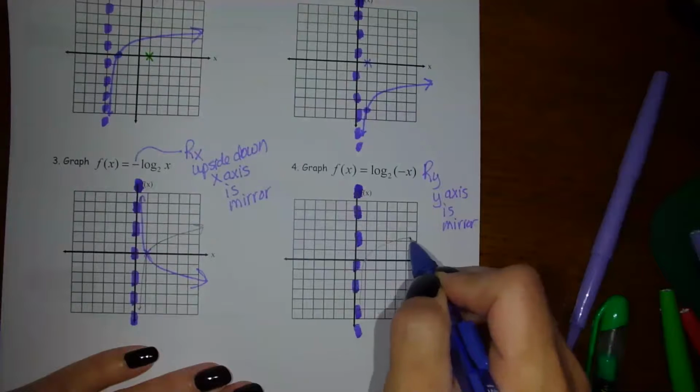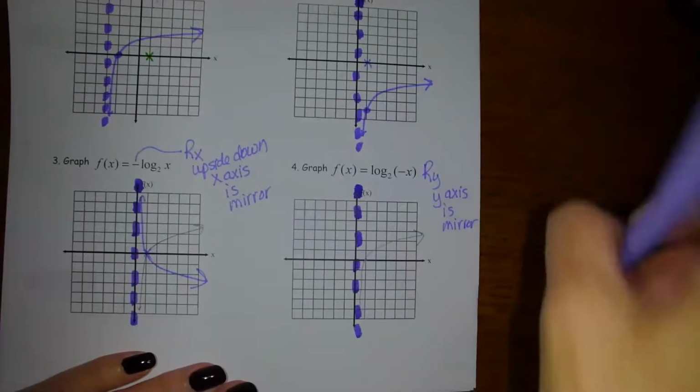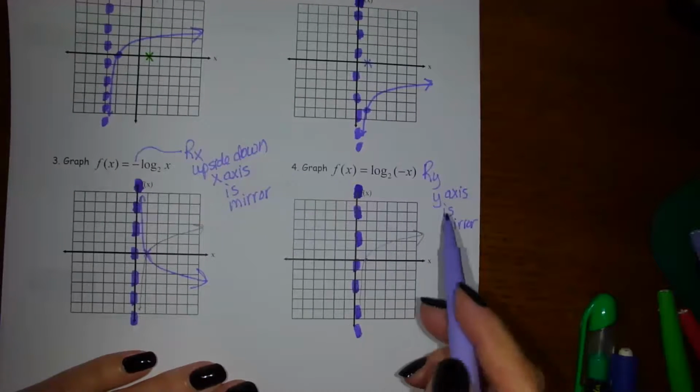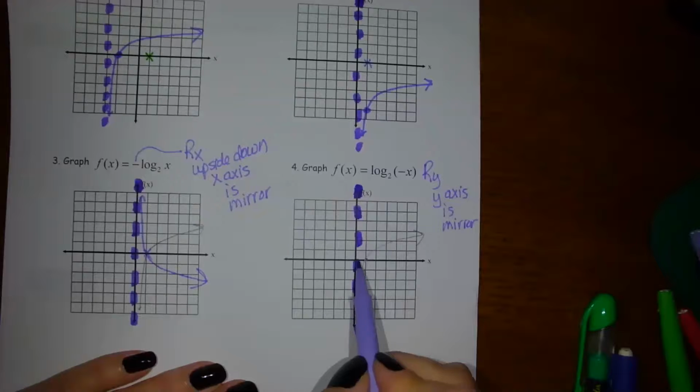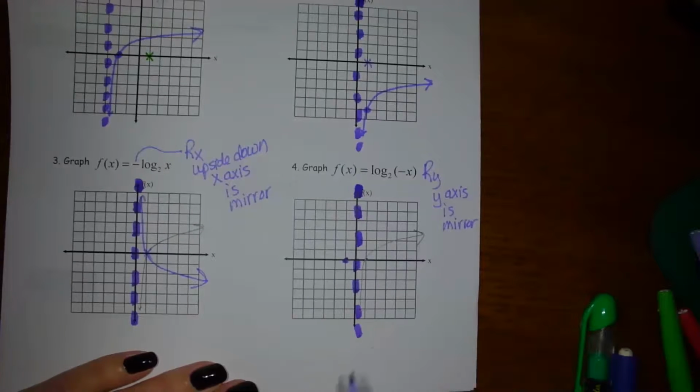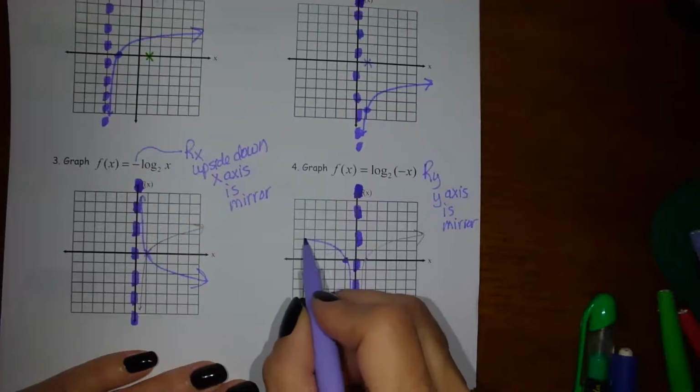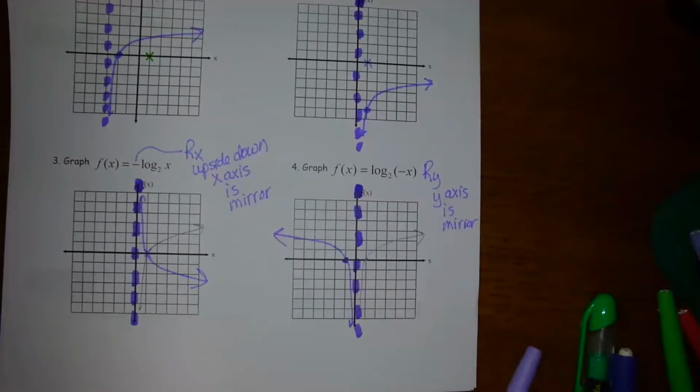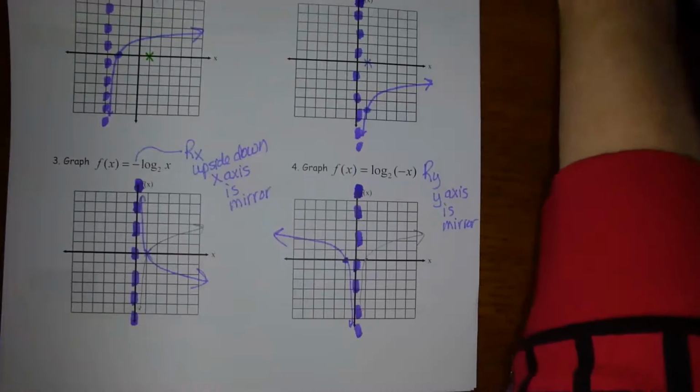There we go. This is what it was supposed to look like, right? Through here. But this is going to be a mirror image. So this is your mirror. So if I'm at 1, 0, I'm going to be at negative 1, 0. And remember, we're switching the sign of x because our x is there. So instead of coming up, I'm going to be on this side. Does that make sense? I hope.